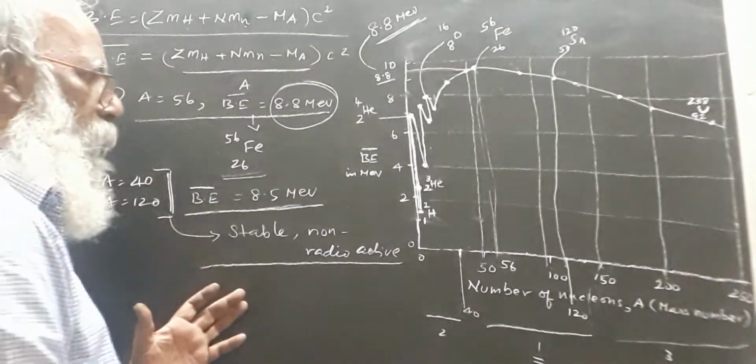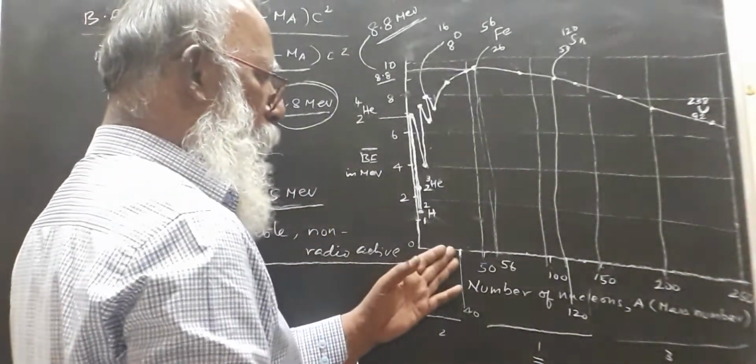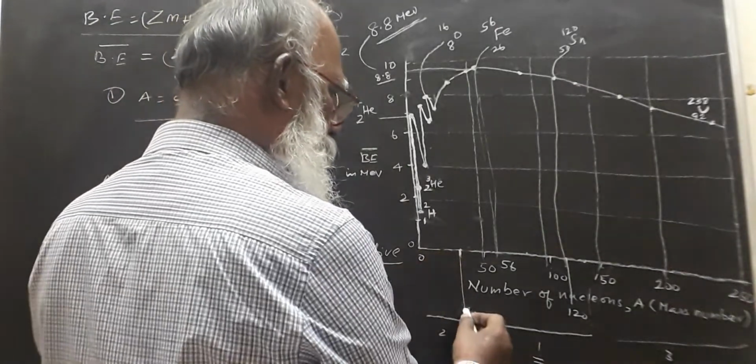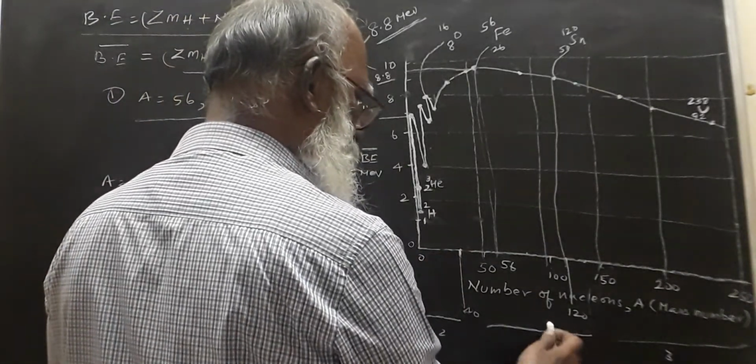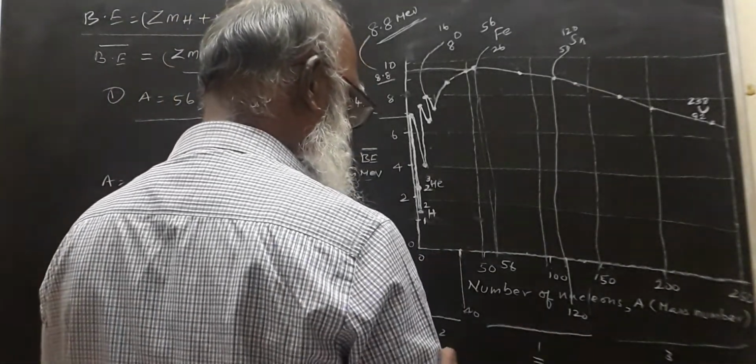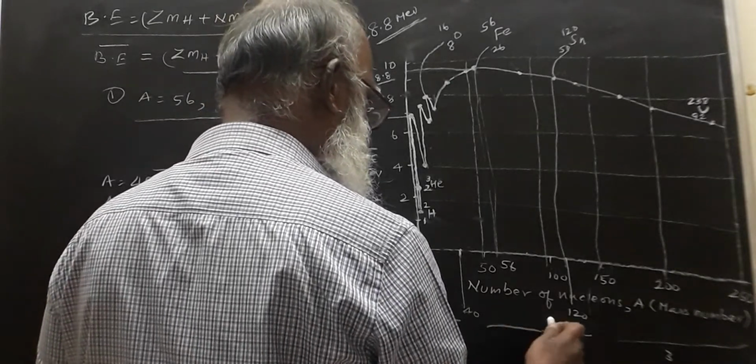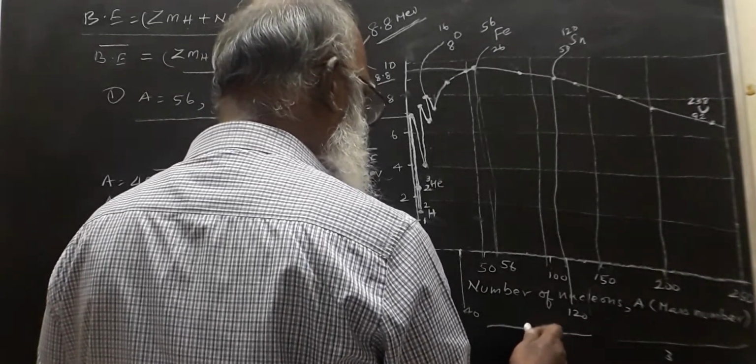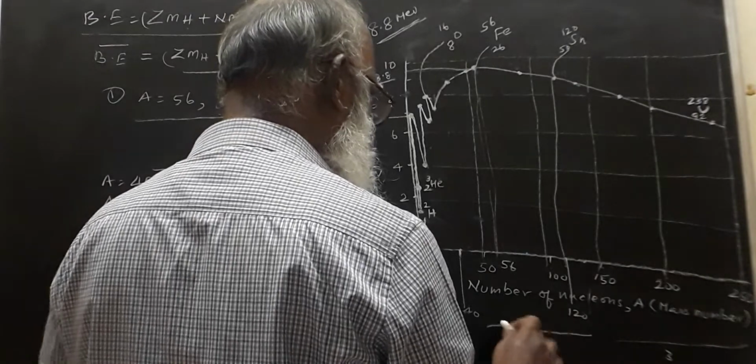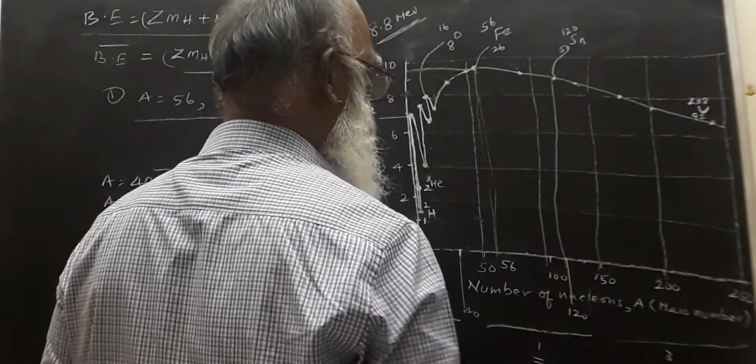When we consider the atomic mass number lying between 40 and 120, this stage is more stable as well as non-radioactive substances.